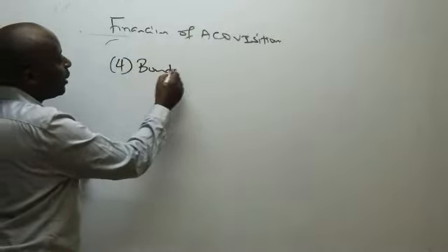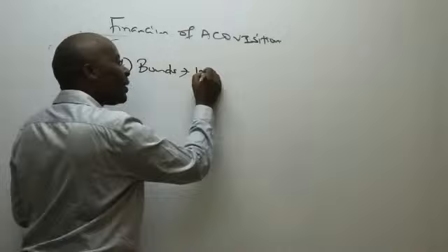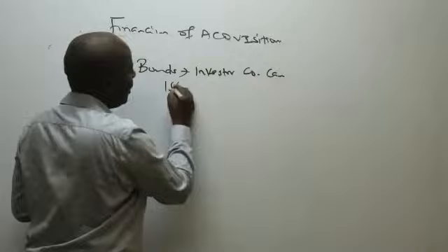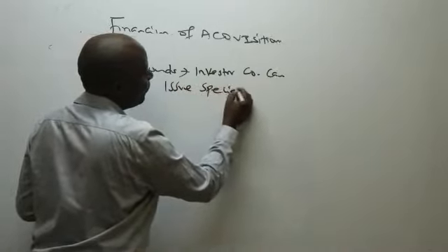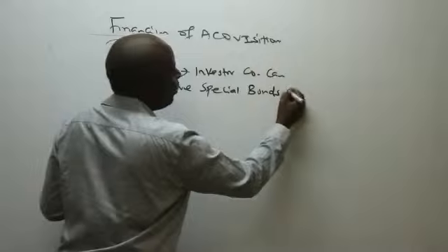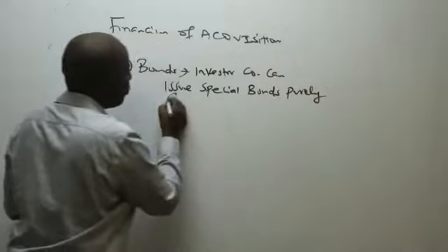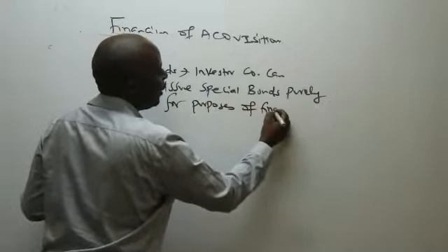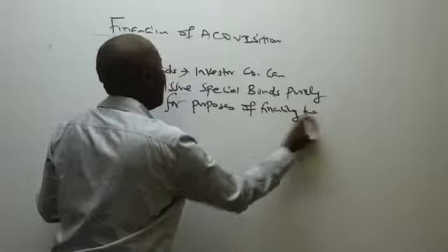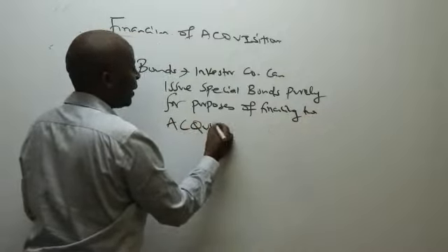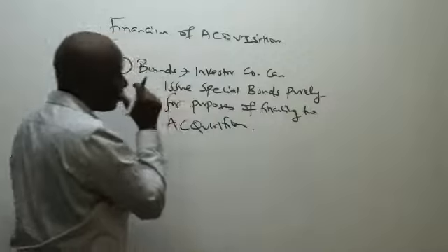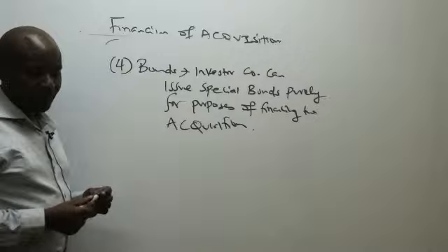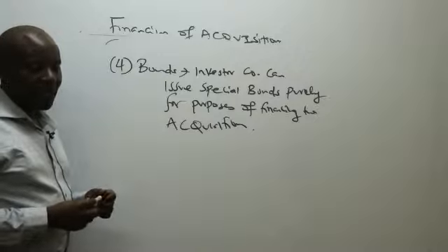So bonds, we are saying here that the predator company, the investor company, can issue special bonds purely for purposes of financing the acquisition.